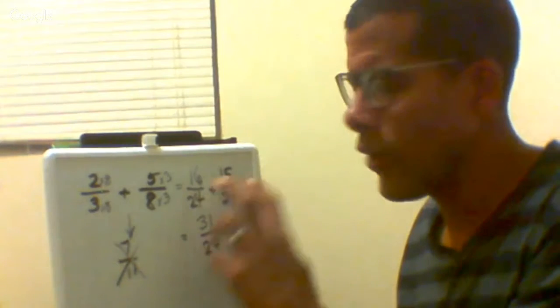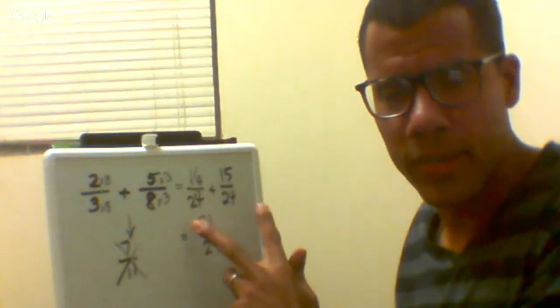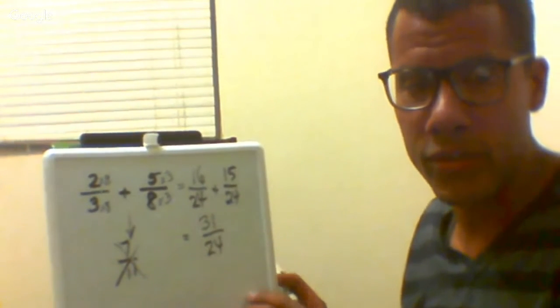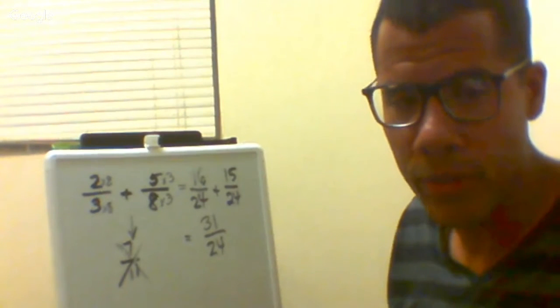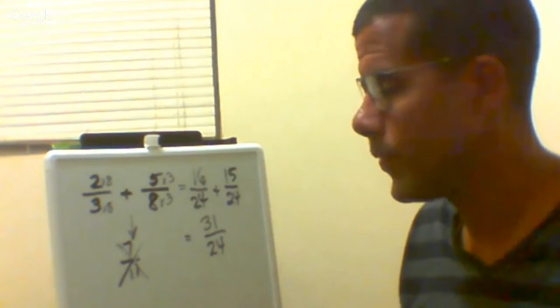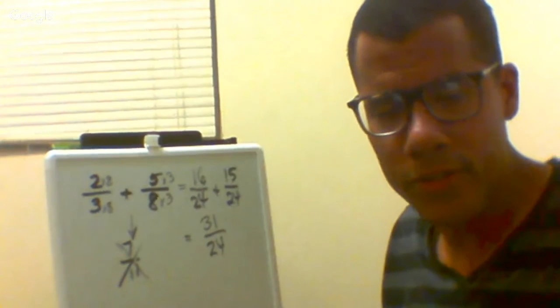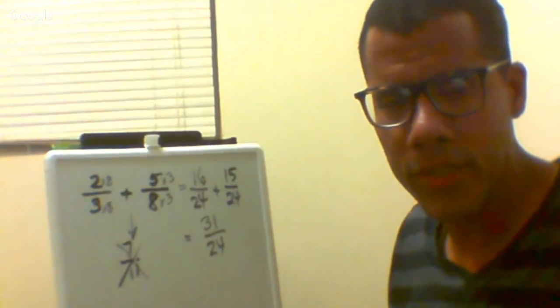And once you figure out what the like denominator is, you keep it the same. The second thing to remember is the only thing that you're ever going to add in a fraction addition problem are the numerators, okay?